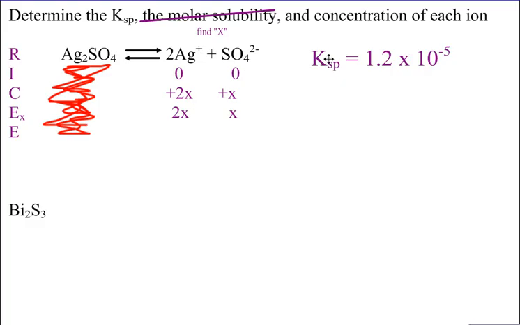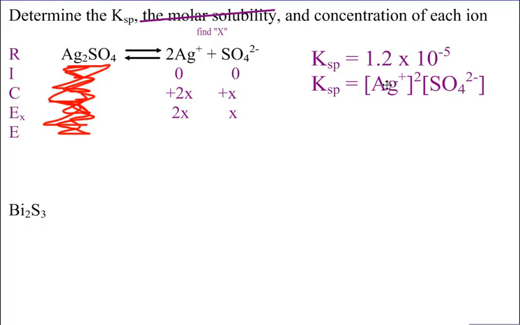Now that I've expressed this in terms of X, I know that Ksp equals the product of the concentration of silver times the concentration of sulfate, and I pay attention to the stoichiometry and know that I have to square the silver, because it has a coefficient of 2. This would be my equilibrium expression.